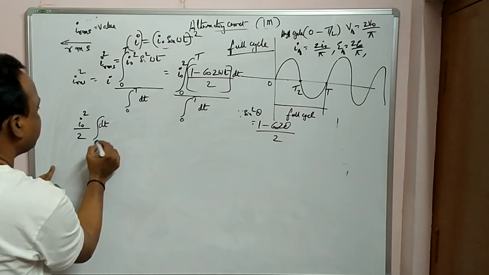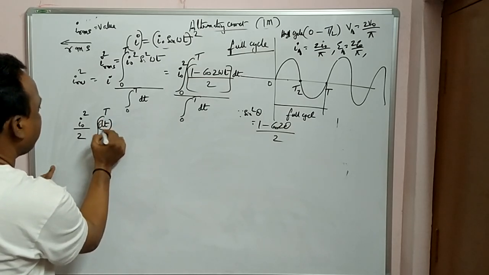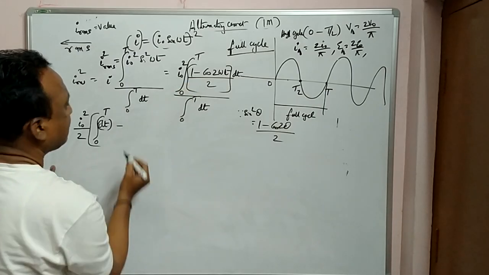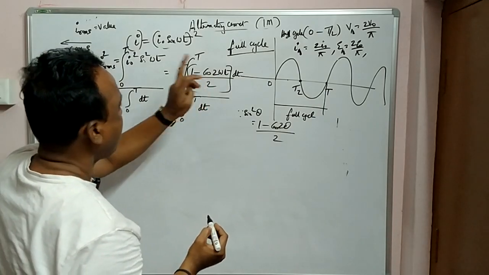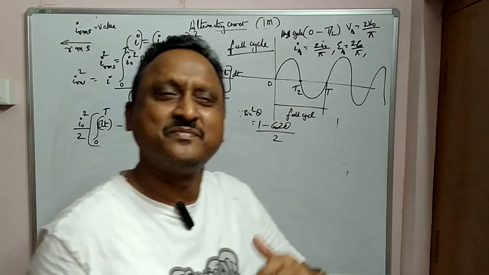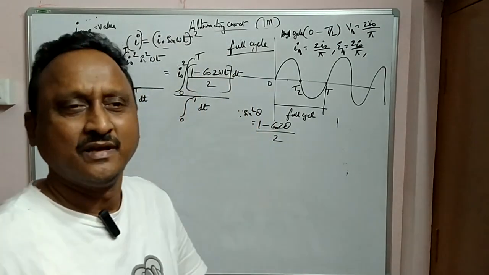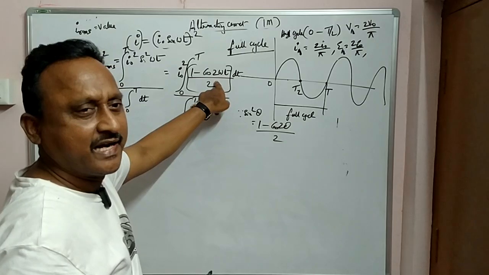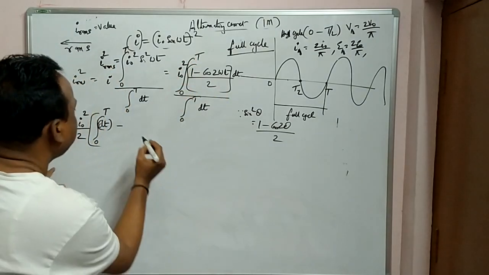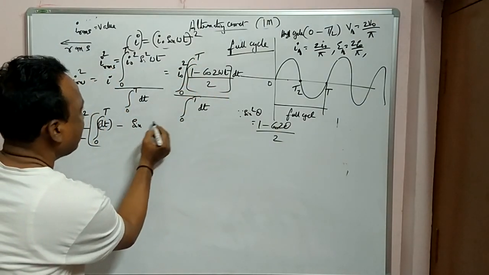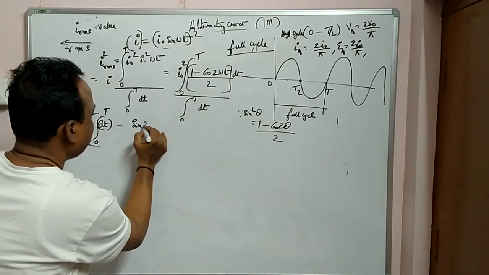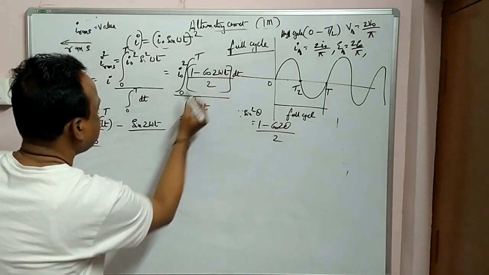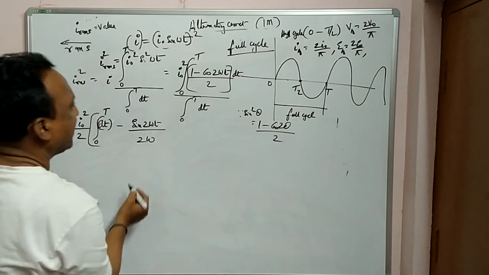Okay, integral 0 to T, bracket, minus 2 I have taken outside. Cos theta: the derivative of cos theta is minus sin theta, but the integration is sin. So sin theta, that is, by integration, this value you have to put down omega.